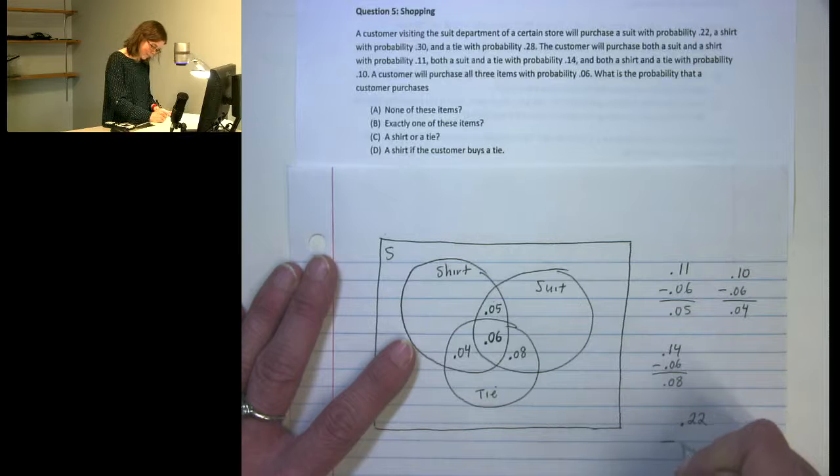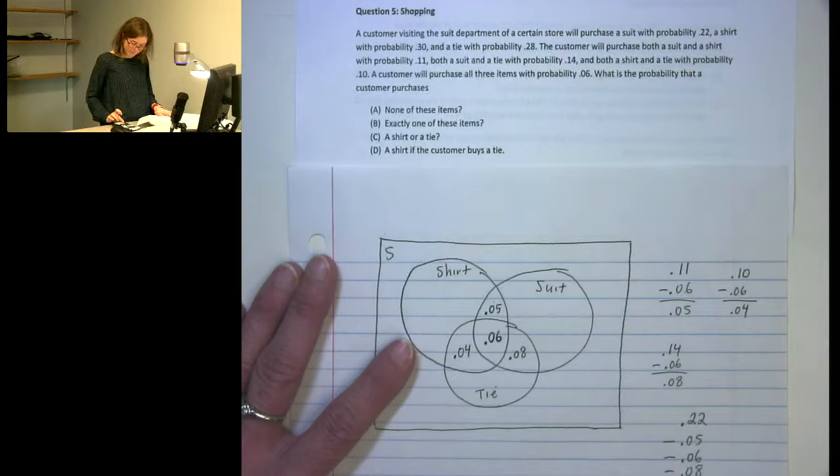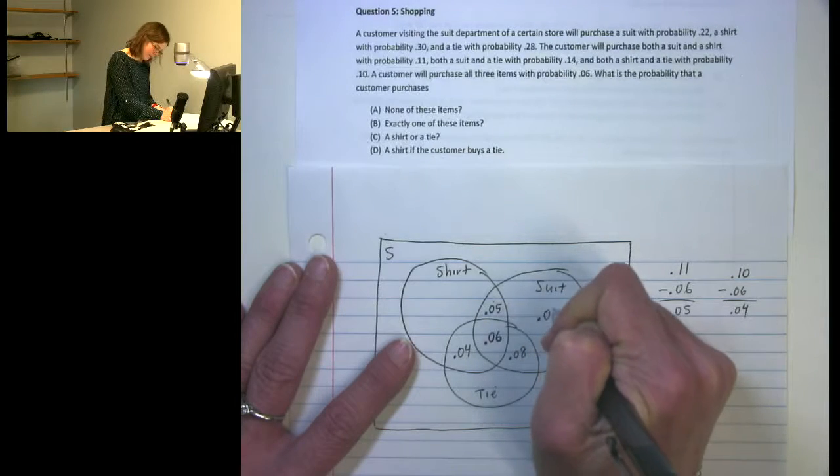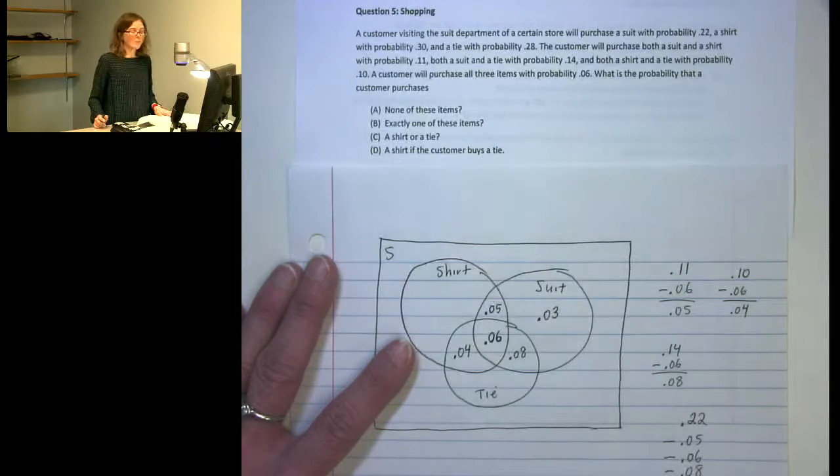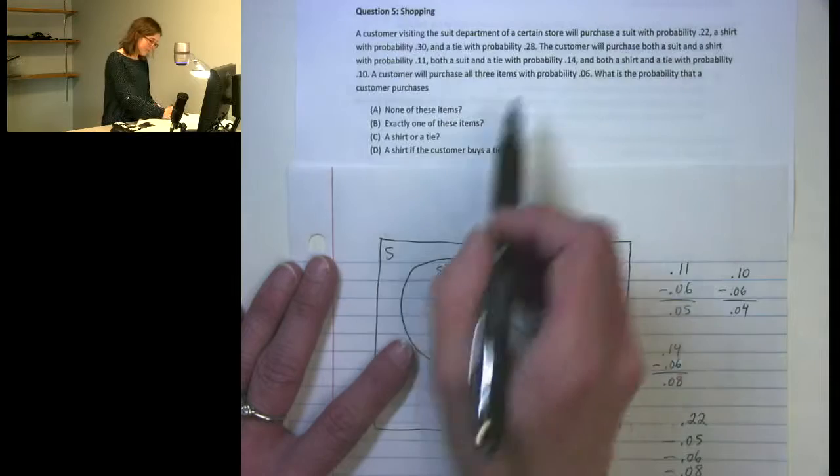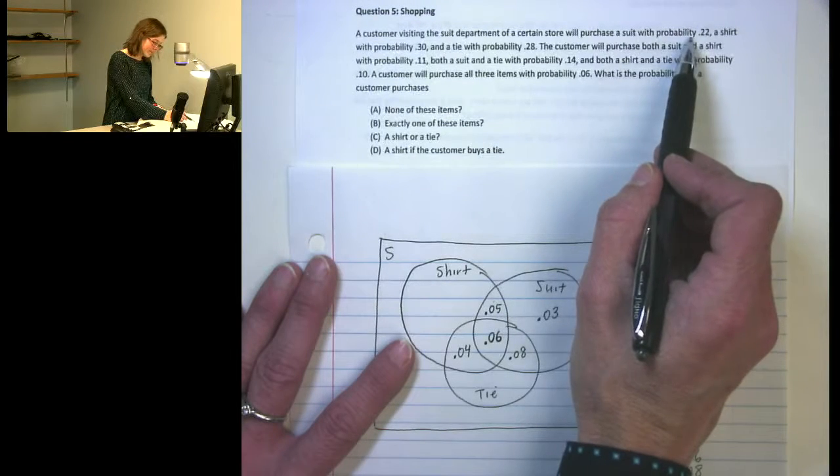I need to subtract off my 0.05, minus my 0.06, minus my 0.08. That gives me 0.03 as the probability that a person buys a suit and nothing else at the store. And I move on.